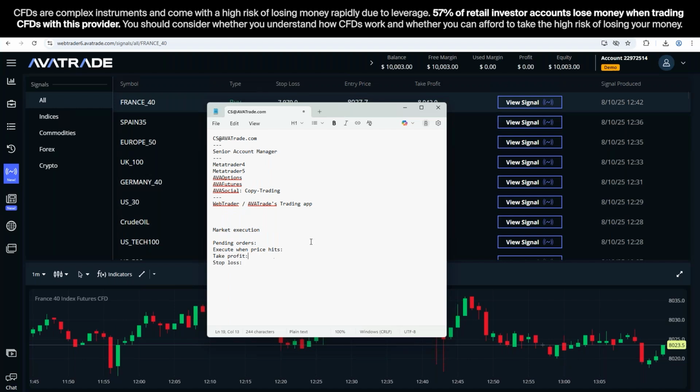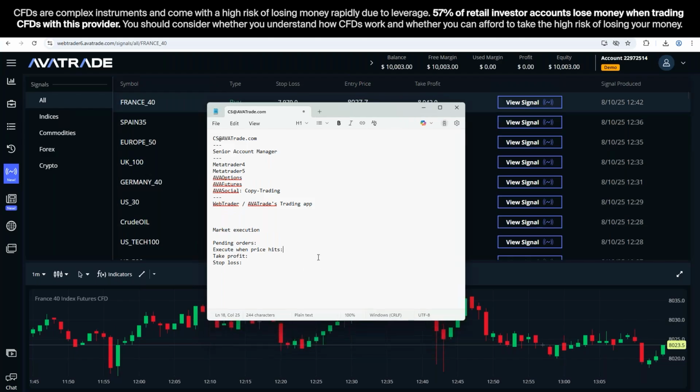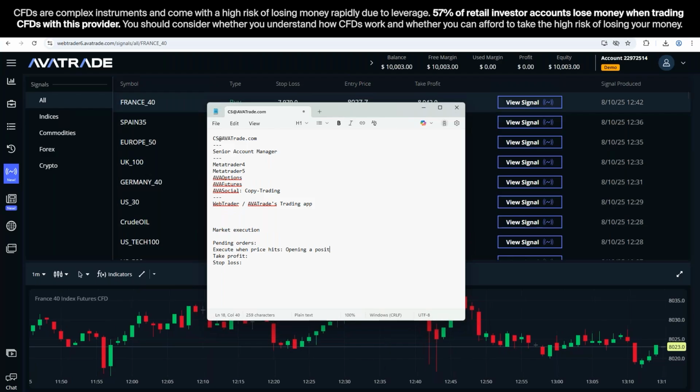You don't have to remember anything I'm writing for you right now, because this will be displayed on the website, but I'm simplifying it in my own words so it will be easier to comprehend. Execute when price hits is opening a position when reaching the price. Take profit is closing the position with a profit when reaching the price.